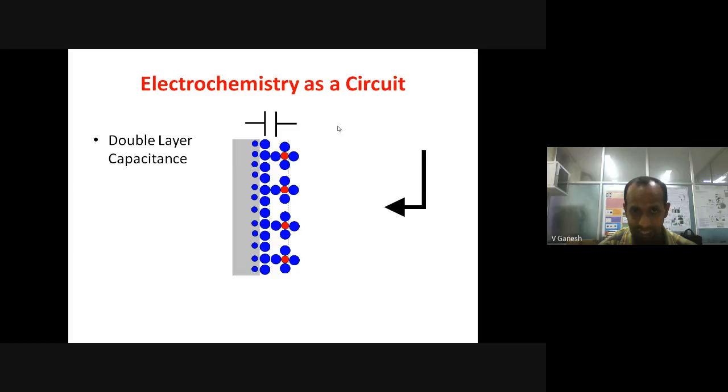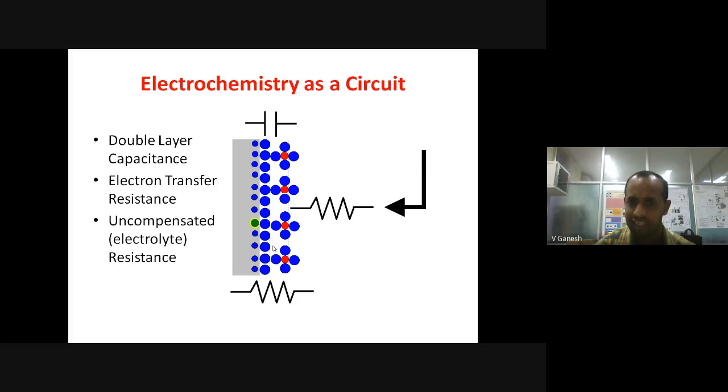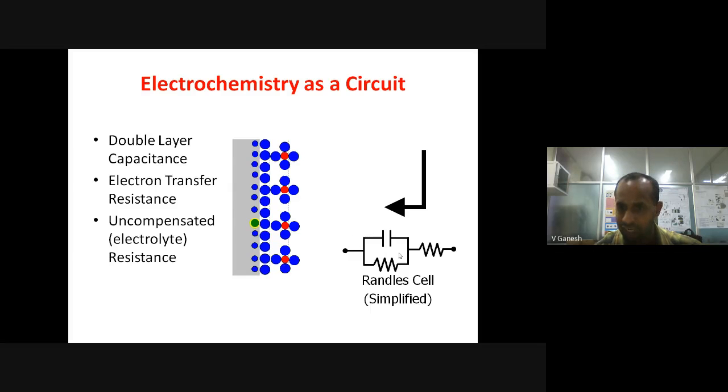So it exhibits capacitive behavior, a capacitance at the interface. And in order to establish this double layer structure, the electrode will exhibit a resistance, called polarization resistance, RP, etc. Apart from this, we also have resistance arising from the electrolyte component, and that's how you correlate a typical electrical circuit element to the electrode-electrolyte interface.